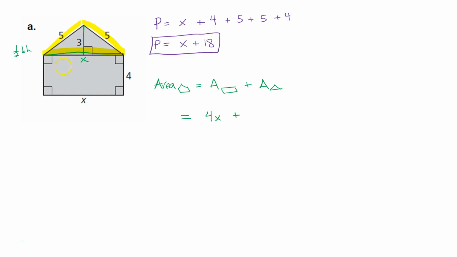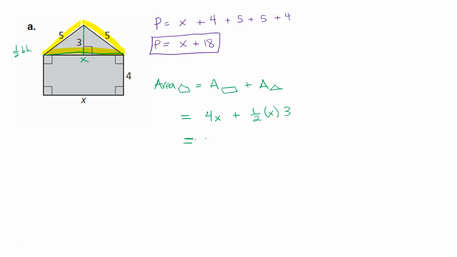So if this guy is x, then this guy has to be x. So our formula for area of a triangle is 1/2 base times height. So 1/2, the base is x, the height is 3.